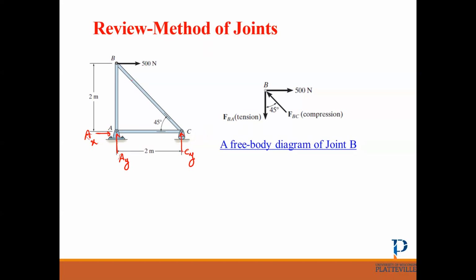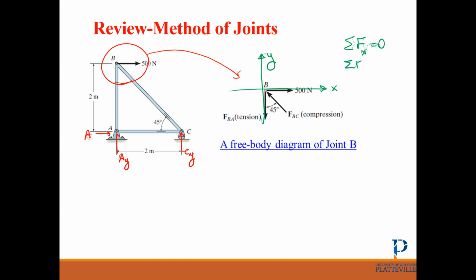For example, we can start from joint B or joint A and take the joint out, then draw the free body diagram of the joint, then draw the coordinate system X and Y, and write the equilibrium equations: sum of Fx equals 0 and sum of Fy equals 0.